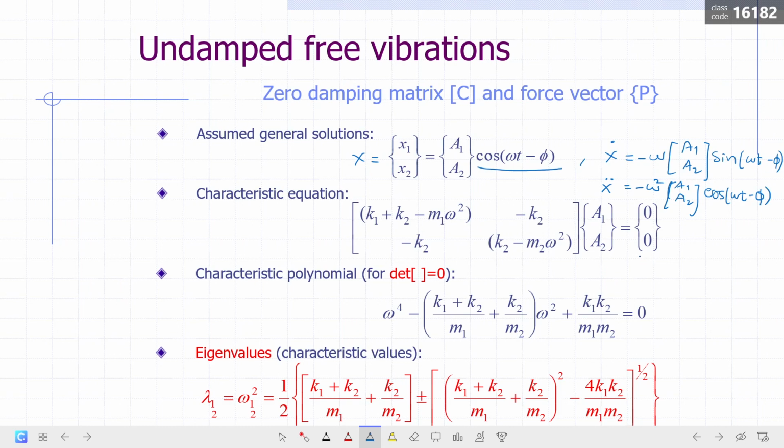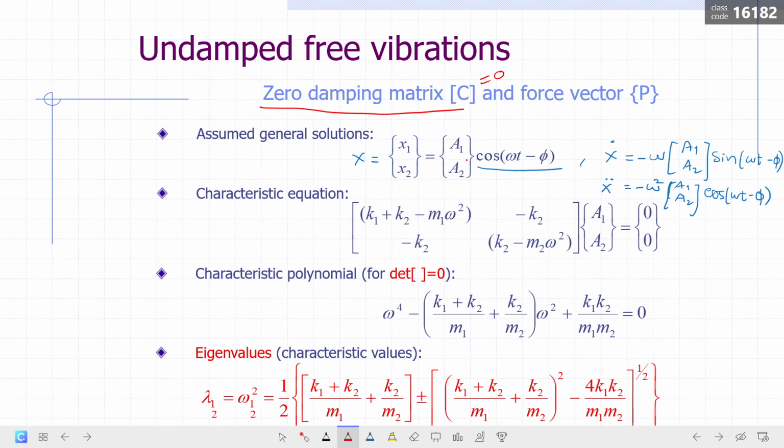Okay. So you can see we have stiffness K1, K2, and also M1 and M2. Oh, let me point out this part. First, we consider a zero damping, which means C equal to zero. That's why you don't see it appear here.